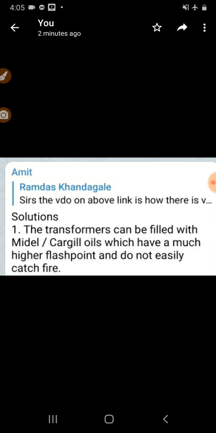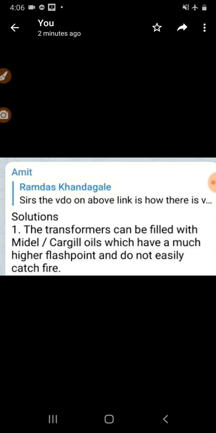And thirdly, just like there are tools to monitor the health of paraffin oils and naphthalene based oils, just like DGA, and transformer testing parameters, whether all these are applicable to this Midel or Cargill oil.